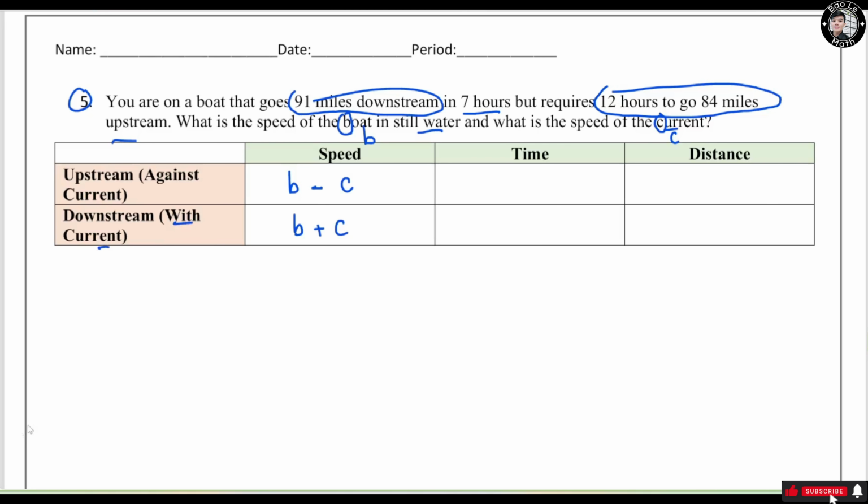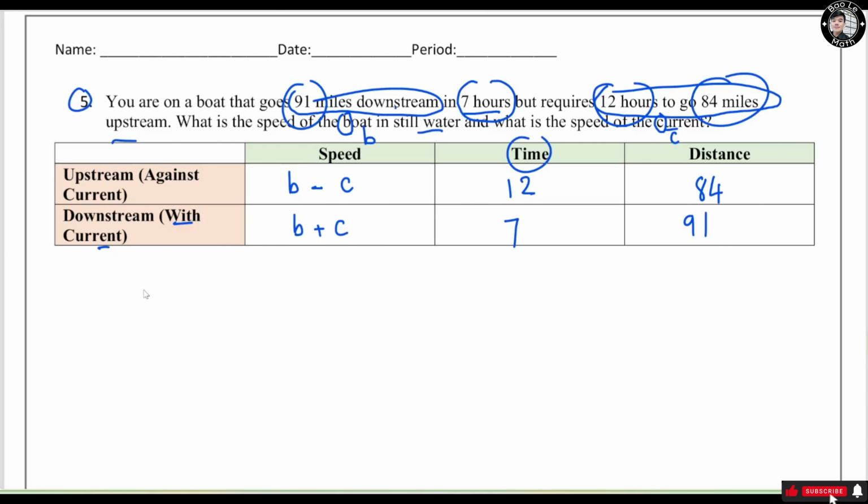With the current, the time you have is 7 hours going downstream, and upstream we have 12 hours. The distance upstream is going to be 84 miles, and downstream is going to be 91.